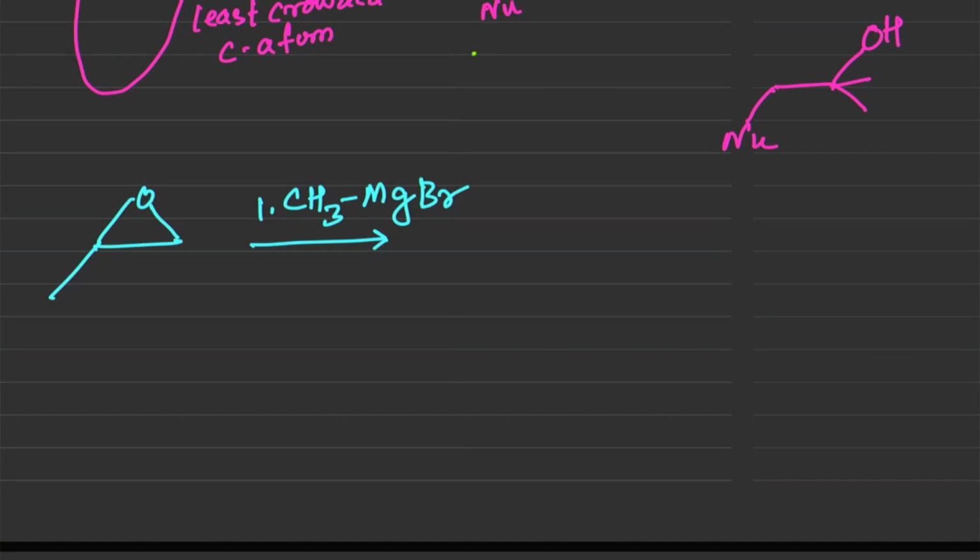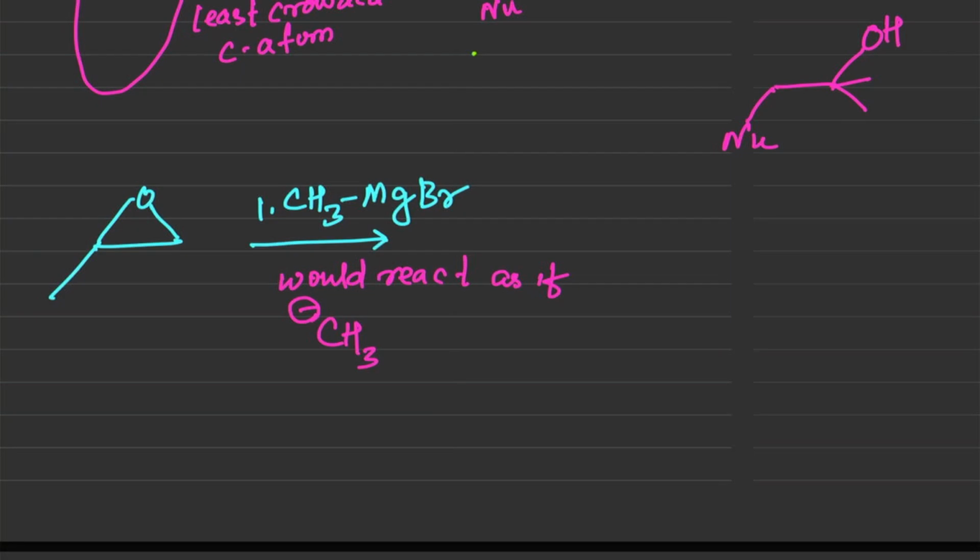When you have CH3 MgBr, this would react as if this is CH3 minus. So all the Grignard reagents that you have, the organometallics, you're going to have a negative charge on the carbon atom that is connected to magnesium.